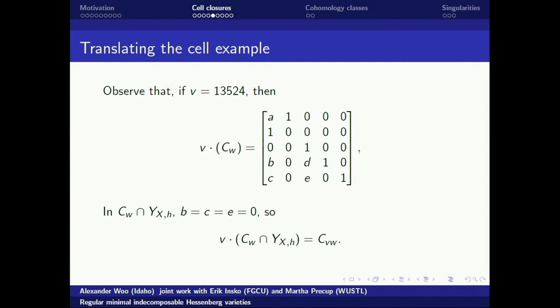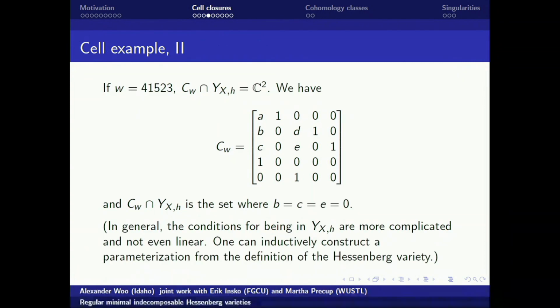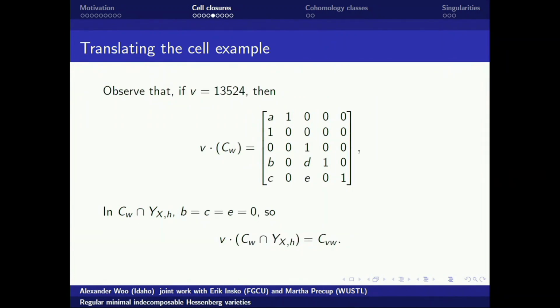I'm sorry. If I hit this guy with this permutation matrix on the left, I'm going to get this thing with the third and fourth row switched. And because B, C, and E are supposed to be 0, this actually lands inside the Schubert cell. Okay?